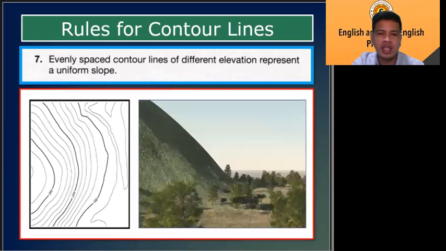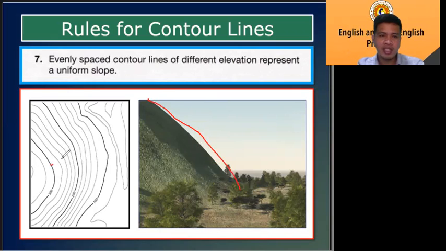And number 4, this one here is a convex slope. It's like bulging. Contour lines showing a convex slope on a map will be widely spaced at the top. Again, it's the opposite.